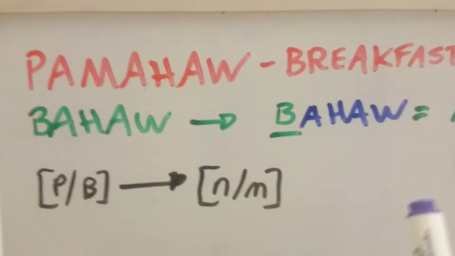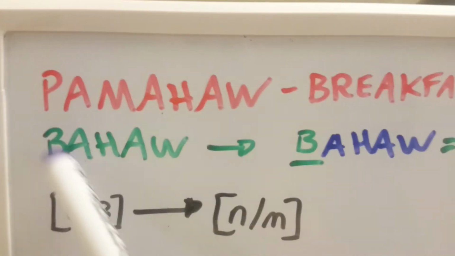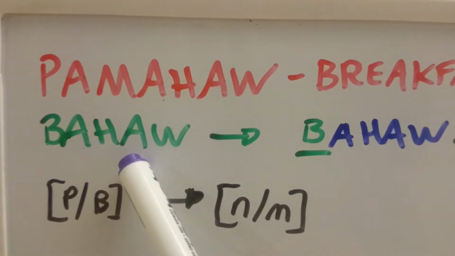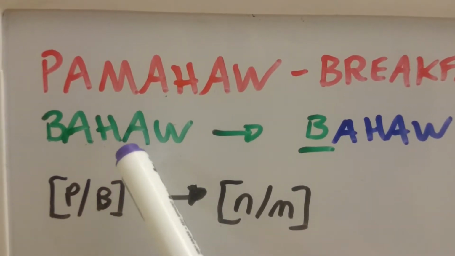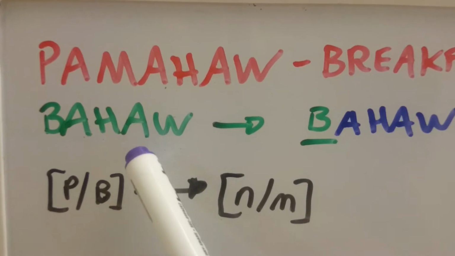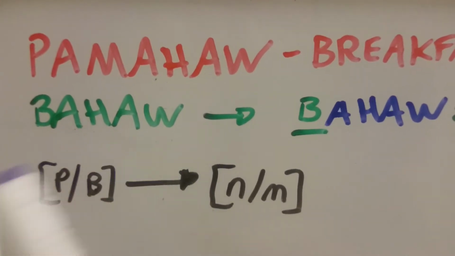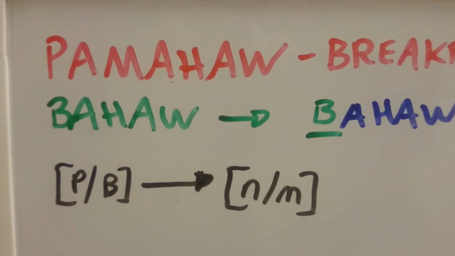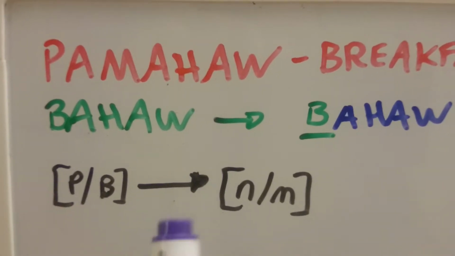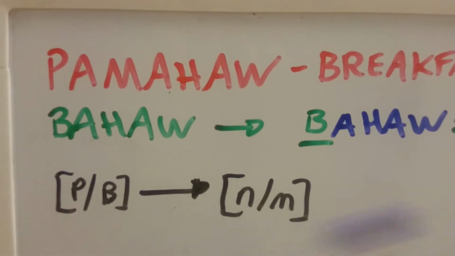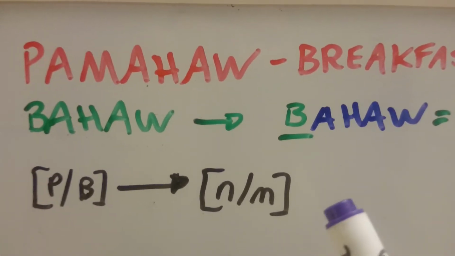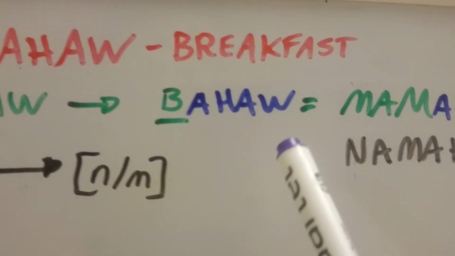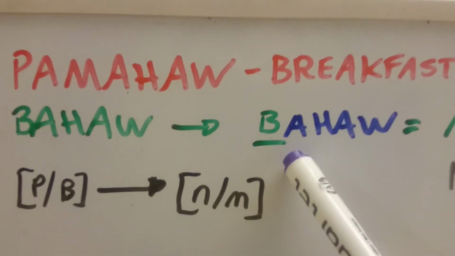you get the idea, right? So from the root word bahaw, and by the way, bahaw means leftovers, food that's stale, I guess, not as fresh as it was in the beginning, like your leftovers in your fridge, right?